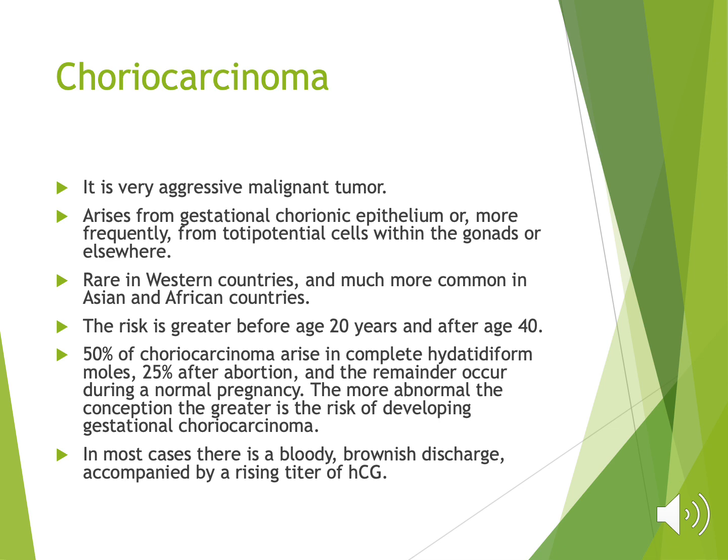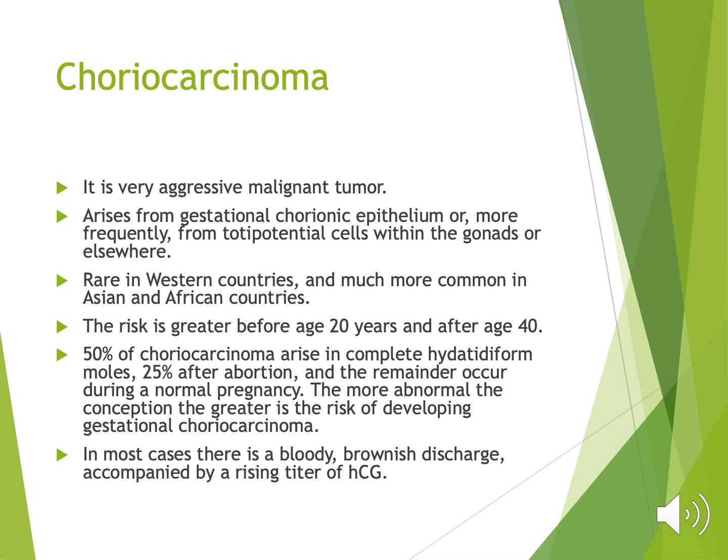The risk is greater before the age of 20 and after the age of 40, similar to molar pregnancy. 50% of those choriocarcinomas arise in the setting of previous complete mole, 25% after abortion, and 25% after normal pregnancy. Partial mole does not result in choriocarcinoma.